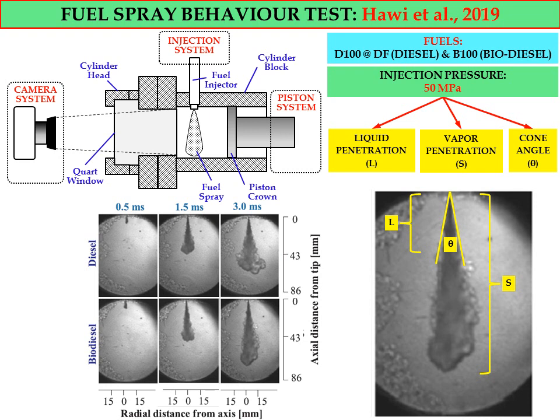Okay, so now we will look at the values of L, theta, and also S for D100 or DF, which represents typical diesel fuel, and also B100, which represents pure, 100% biodiesel fuel, at an injection pressure of 50 megapascal.